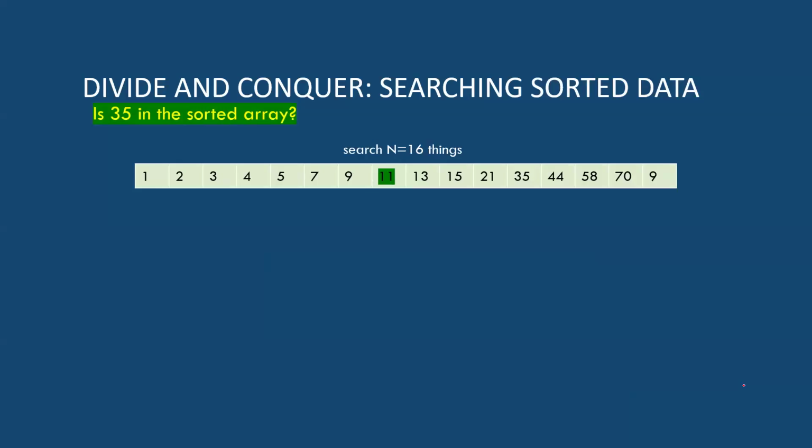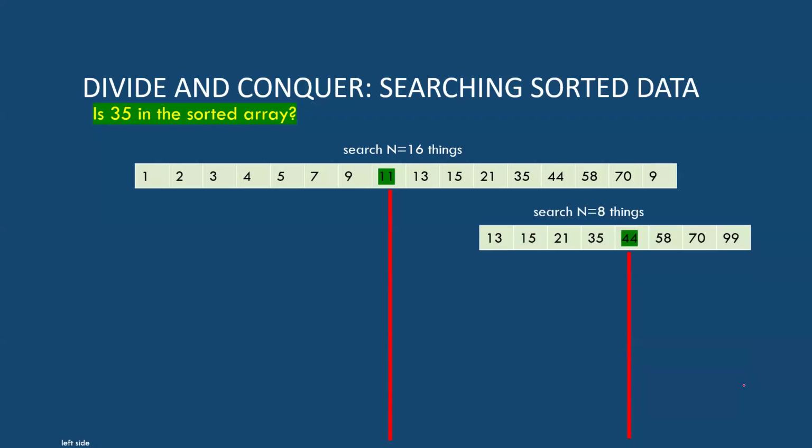Now, if I sorted this, which we're going to be dealing with in our lab today, and I say, hey, is the number less than 11? And you say it's greater than, then I have divided everything in half. Now we're doing some good work, because we're never going to go visit that left half of the tree.